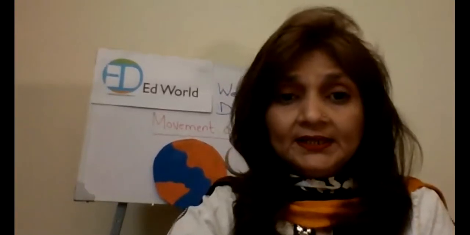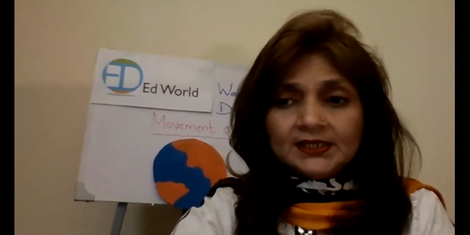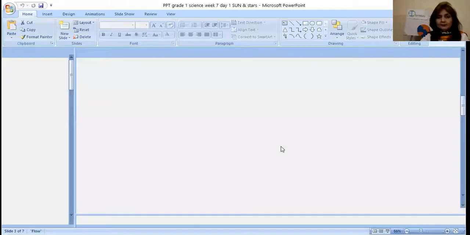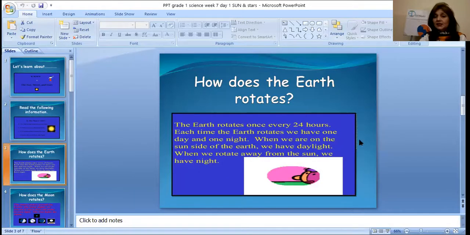Now let's see another presentation. Over here you will understand it more clearly. How does the earth rotate? Now listen to this very carefully. The earth rotates once every 24 hours. Each time the earth rotates, we have one day and one night, like I have explained to you.